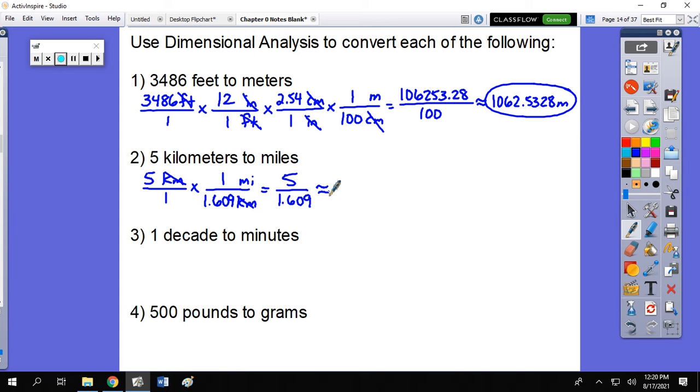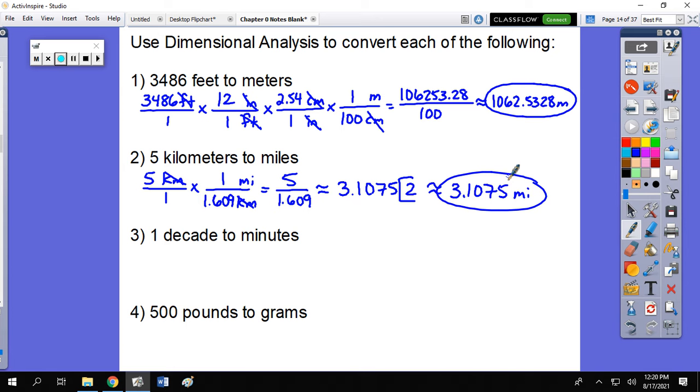So we carry out that division, 5 divided by 1.609, and we get approximately 3.1075. That next digit is a 2, so we're just going to say about 3.1075 miles.